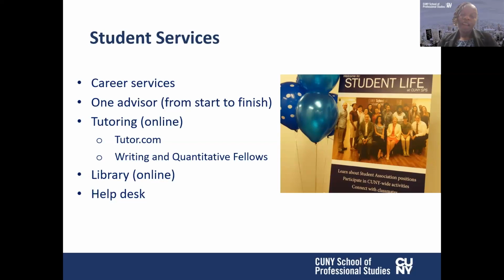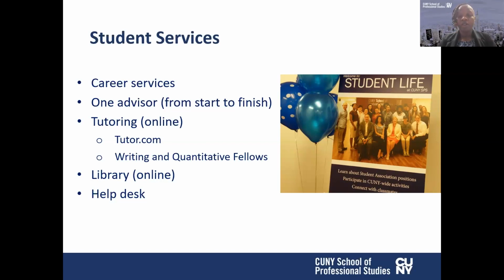Another reason to choose our school is the student services. There is a lot of support for our students. One of them is career services. We have a career services department that can work with you, whether you're studying or when you want to transition. They can look at your resume and assist you if you're looking for a job.